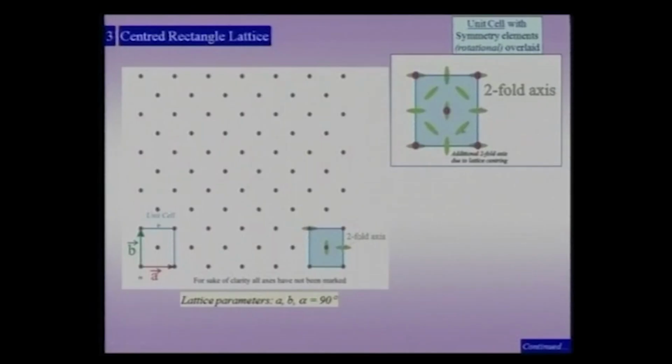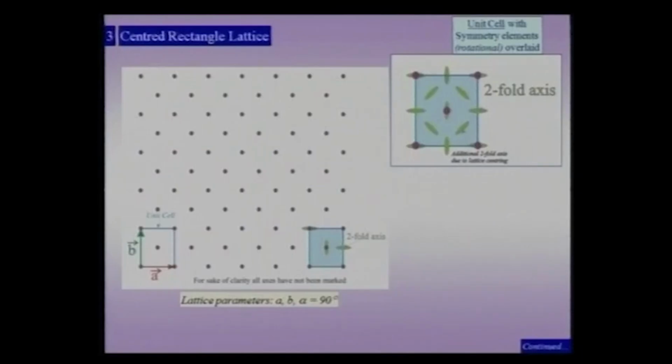The shortest lattice translation vector, as in the previous case, happens to be a. The important thing to note here is the symmetry of this lattice, which is shown here on the right hand side in detail. Apart from the corners, which originally had a two-fold axis in the case of the normal rectangle lattice, and the cell edges, which also had a two-fold axis at the center, and a two-fold axis at the center of the entire unit cell, there are additional two-fold operators which are midway between the two lattice points.